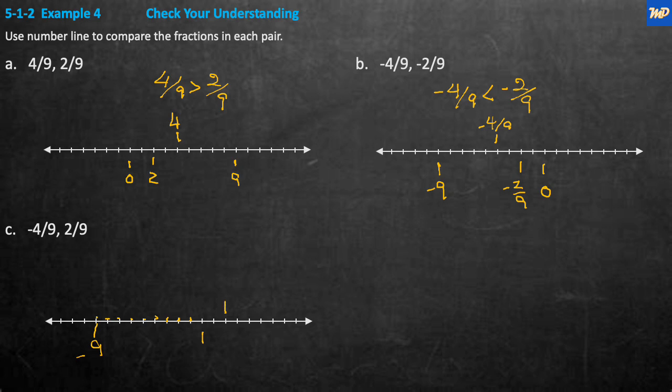So here's 2/9, positive, and here is 4/9. 1, 2, 3, 4/9, negative. So the number to the right is greater than the number to the left. So the 2 is greater than negative 4. So we're going to say negative 4 is less than 2. Or you could write it the other way. You could say 2 is greater than negative 4, however you choose to write that. Okay?